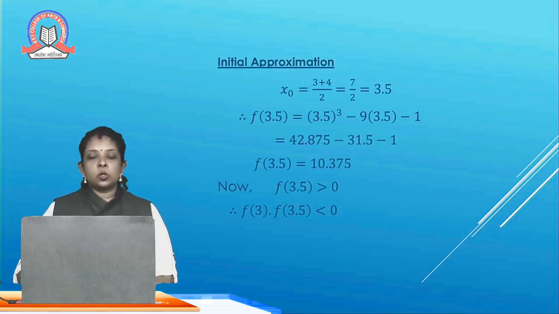So we can also say that f of 3 into f of 3.5 is less than 0, because f of 3 is negative and f of 3.5 is positive. So the product is always a negative value, which is less than 0. We can say that f of x equal to 0 has a root which lies between 3 and 3.5.